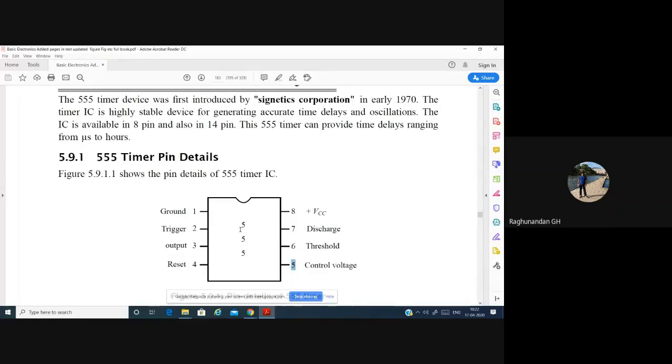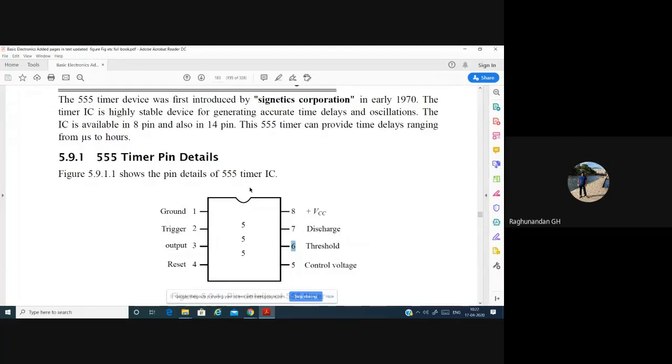That threshold voltage is given to pin number 6. After that we have discharge. This 555 timer IC uses some capacitors, which charge in the positive cycle and discharge in the negative cycle. That is obtained at pin number 7.